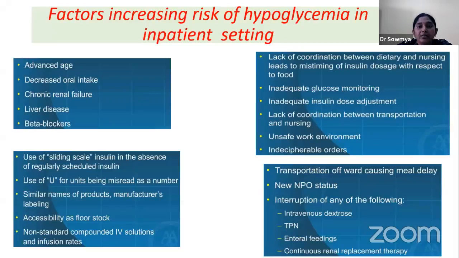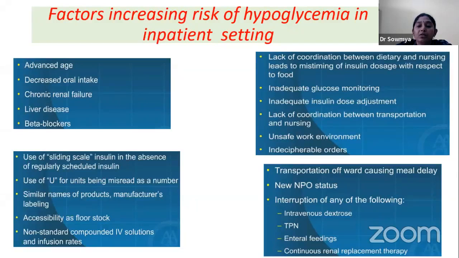So what are the factors which increase the hypoglycemic risk in inpatient settings? As I said, decreased oral intake, renal failure, liver disease, beta blockers. Other causes are lack of coordination between the dietary and nursing staff, leading to mistiming of the insulin dose relative to the food, inadequate glucose monitoring, inadequate insulin dose adjustment, lack of coordination between transportation and nursing, unsafe work environment, transportation of the patient from the ward causing meal delay, or a new NBM status.